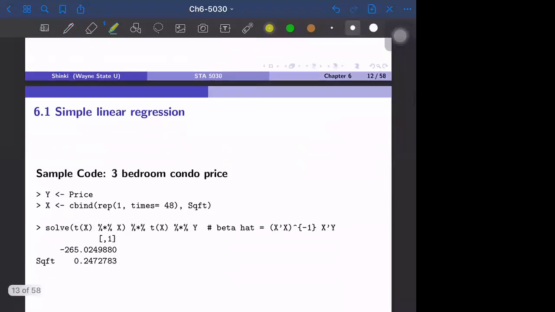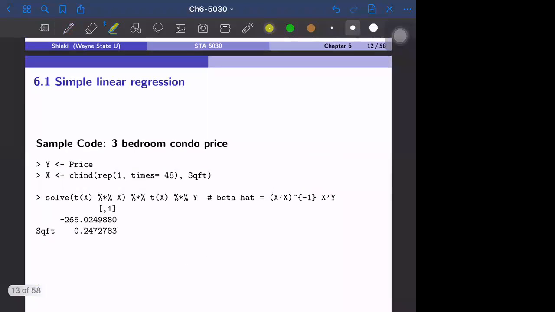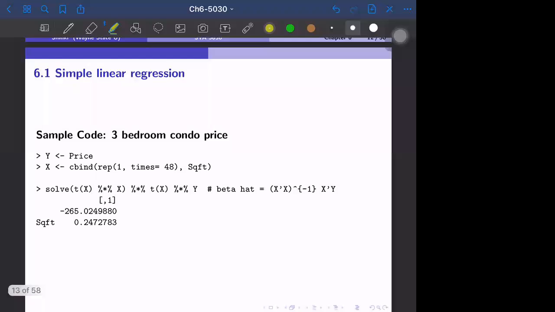In R, of course, we can calculate using matrix representation. In the previous video, we regressed y on x using lm. But here, we would like to calculate everything from scratch with matrix representation. y is the vector of y1 to yn, the price, which is the response variable. And x is the vector of 1s and the vector of square footage, so exactly 1, 1, and the first observation to the 48th observation.